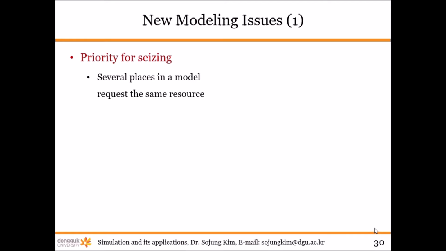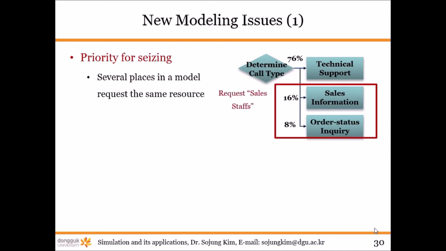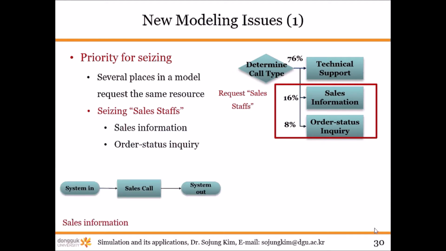And in here, several places in the model request the same resource, as I mentioned before. So these two departments actually request sales staff. And seizing a sales staff is not really hard, right? You can use the process module or the seize module in the advanced panel. If you look at the sales information division, here is the process module, right?